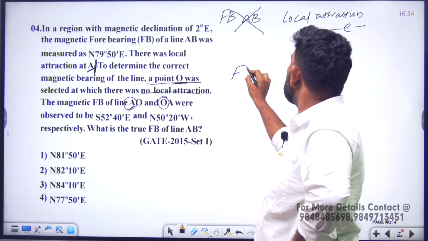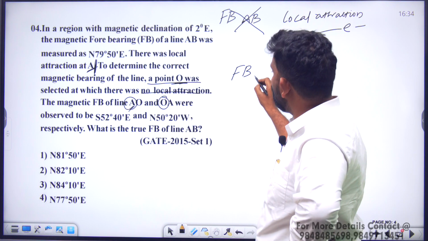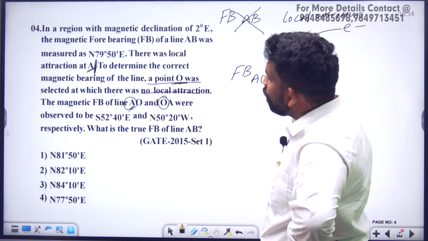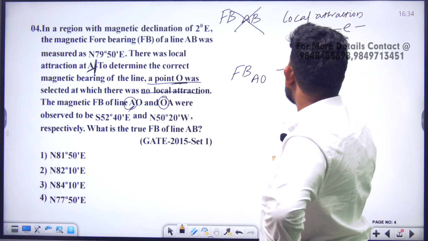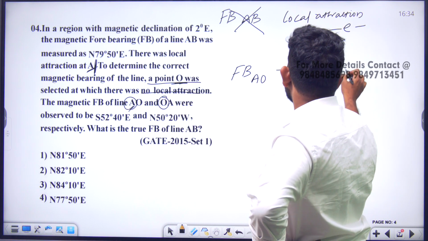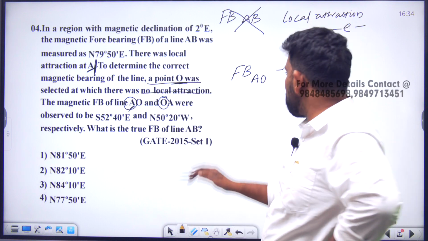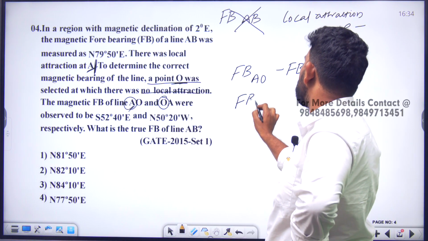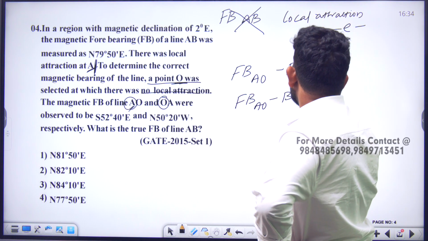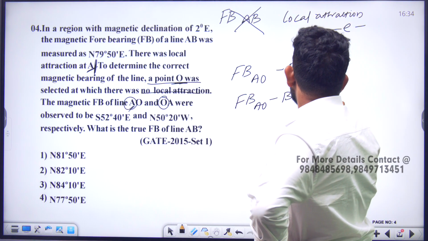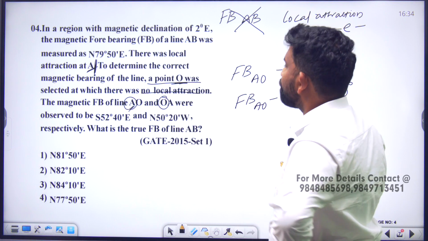We do know the forebearing and back bearing difference. Forebearing of AO minus forebearing of OA comes out to be 180 degrees. Forebearing minus back bearing, or if you want to solve, you can solve in this manner. Forebearing of AO minus back bearing of OA is nothing but 180 degrees.